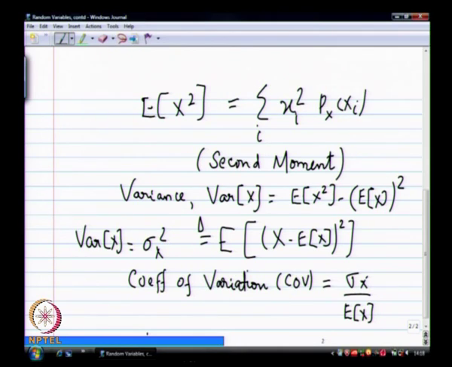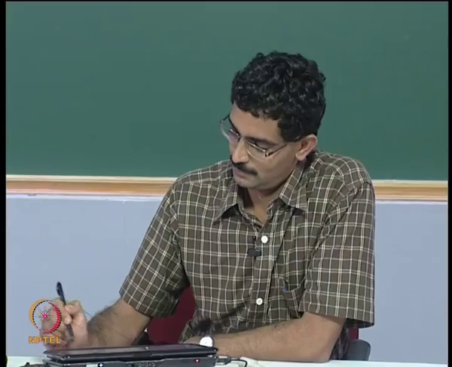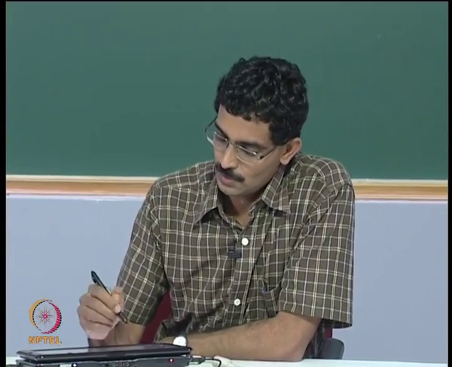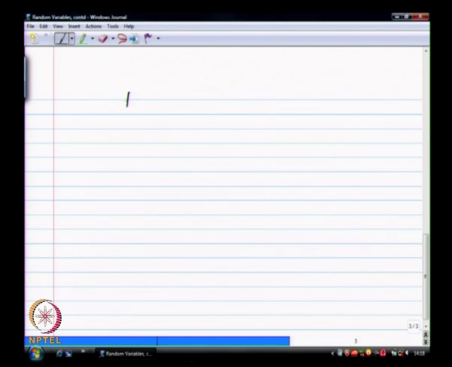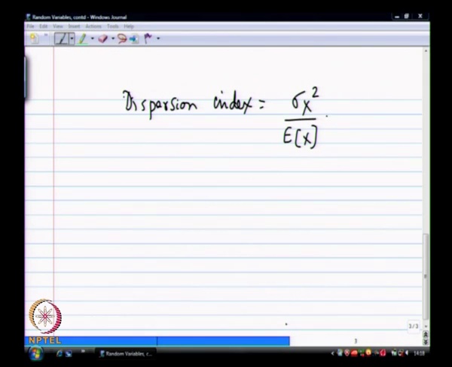And there is one more metric called the dispersion index, or index of dispersion, VMR. Sometimes we also just use this as index of dispersion. I am trying to avoid touching the screen, but apparently that is not feasible. That is simply the ratio of variance to the mean, right.